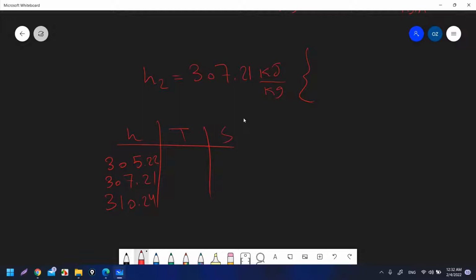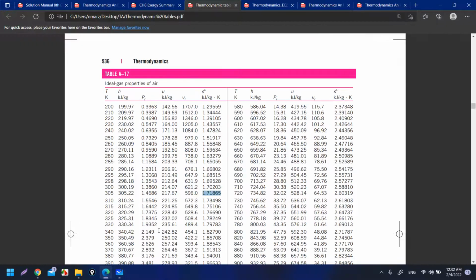The corresponding temperatures are 305, T2, I want to find T2, and 310. For the entropy, 1.71865, and I want to find S2 naught, and this one is 1.73498. These two numbers correspond to the enthalpy and temperature.